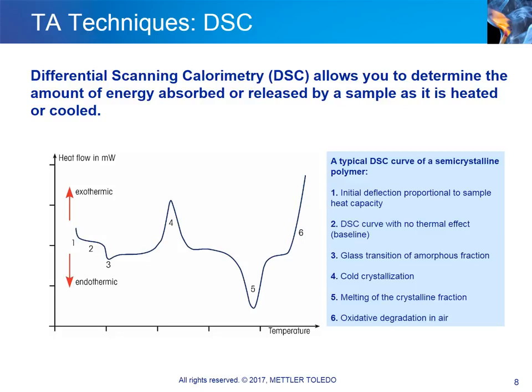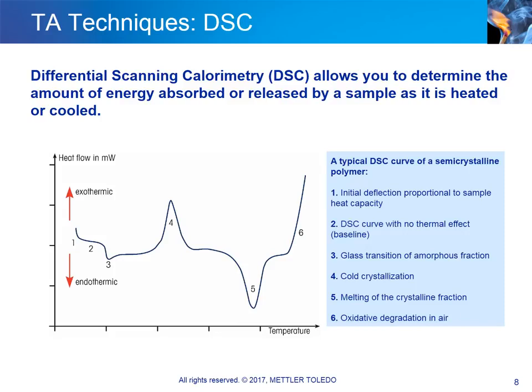To achieve this, the Flash DSC-1 uses very small samples weighing about 100 nanograms and no sample crucibles, as the sample is placed directly onto the chip sensor.